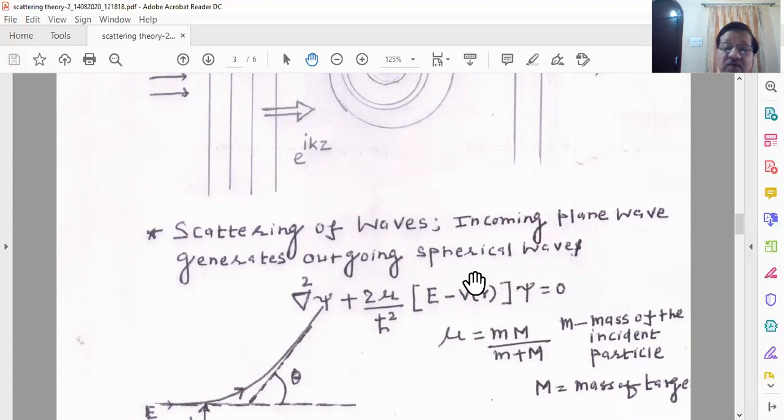And we have V of R. V of R is the potential in which we are interested. We would like to study the potential which is basically produced by the target. It may be a Coulombian potential also. In most cases the potential is Coulombian.